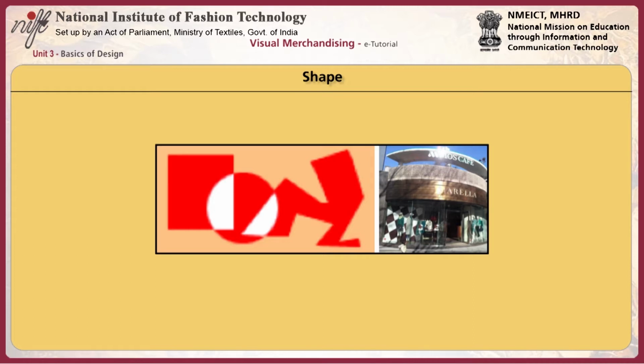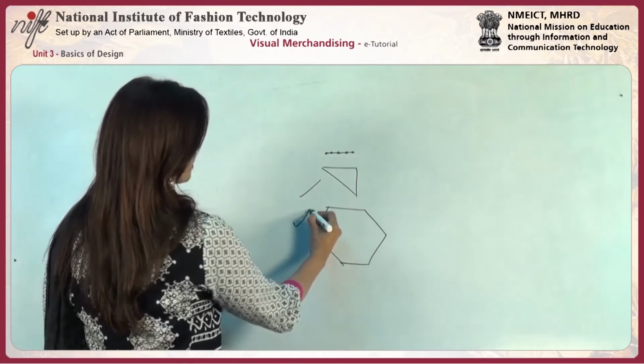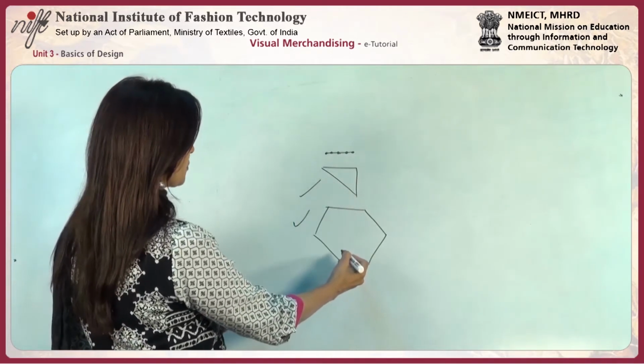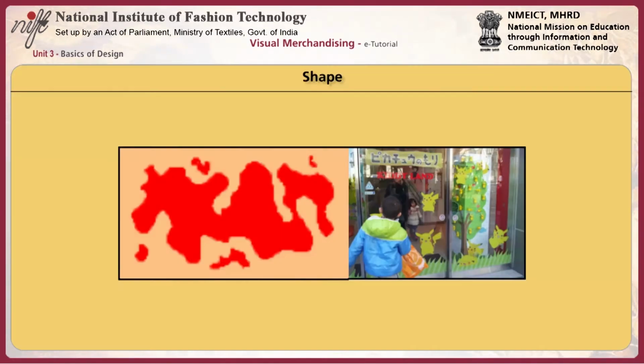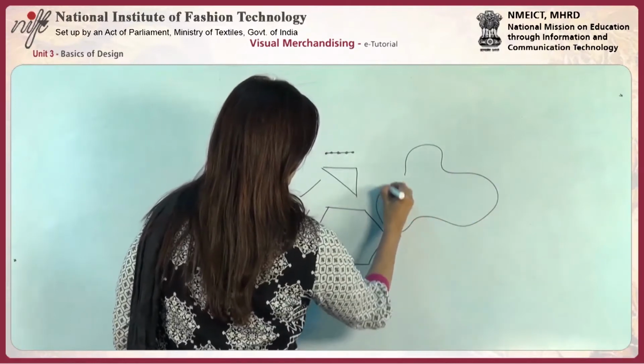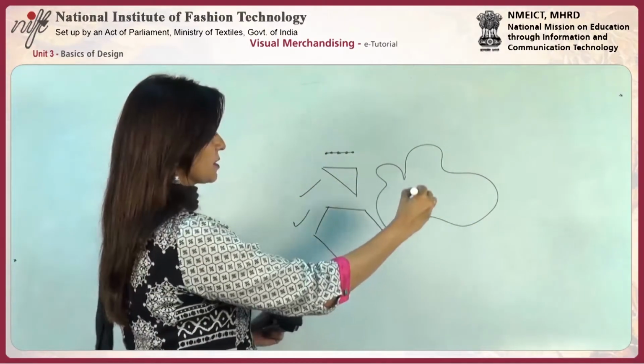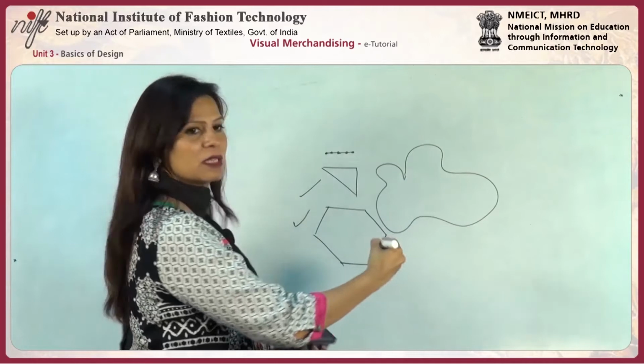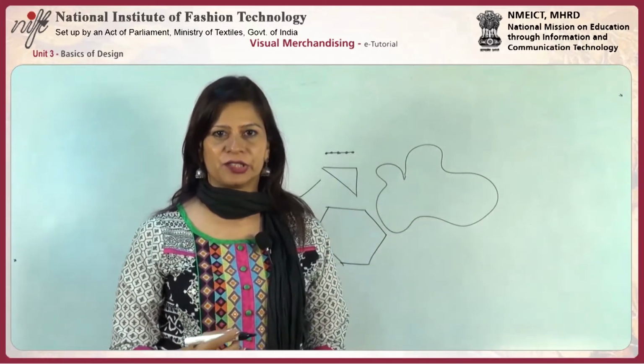Mechanical shapes are geometric in nature. Organic shapes are free-flowing. If a shape is like this, which is a free-flowing shape, it's called an organic shape.